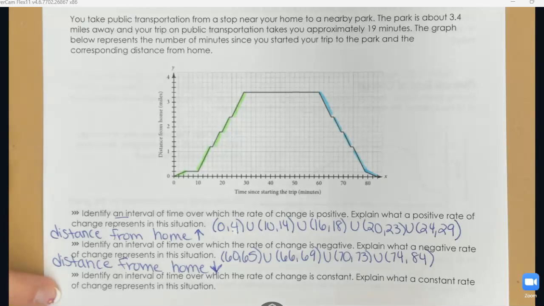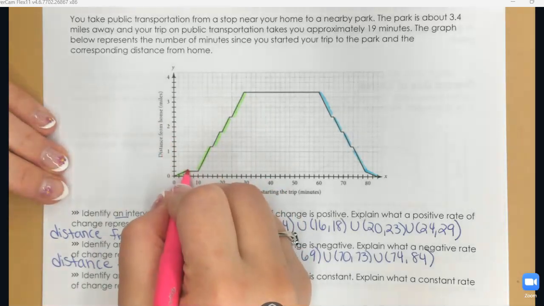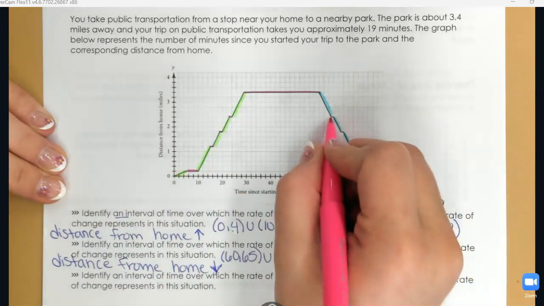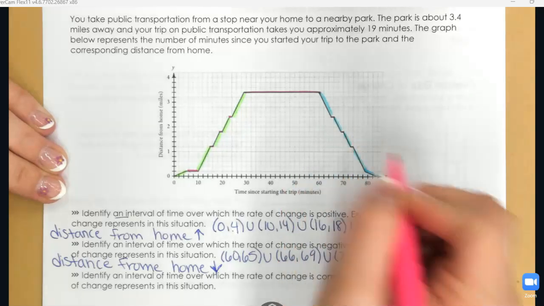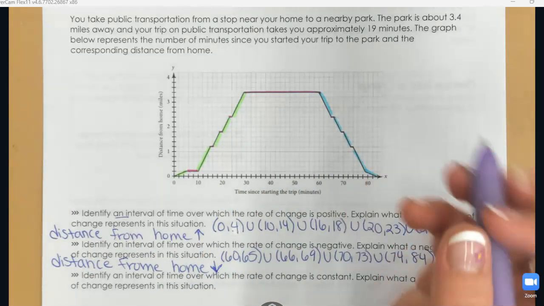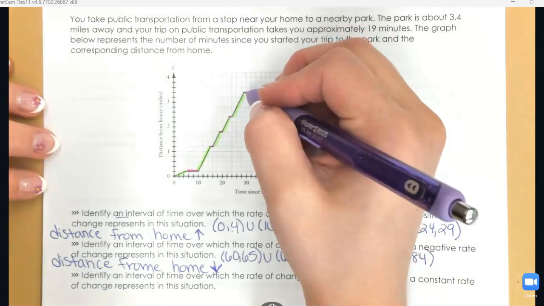So an interval where the rate of change is constant, and again, there are several here. 1, 2, 3, 4. Here's a really long one. 6, 7, 8. Some of them are pretty small, so I'm just going to list our longest one, which is probably when you're at the park.